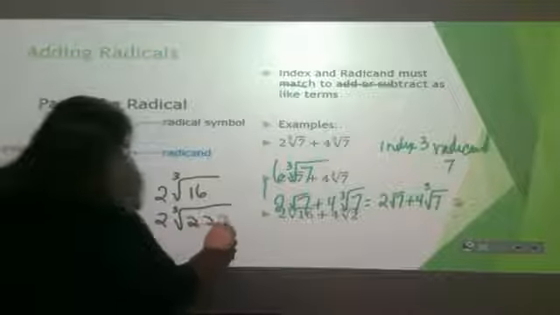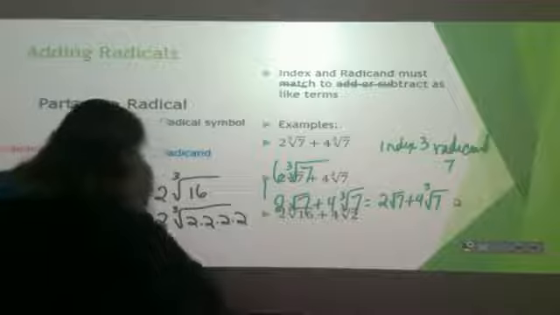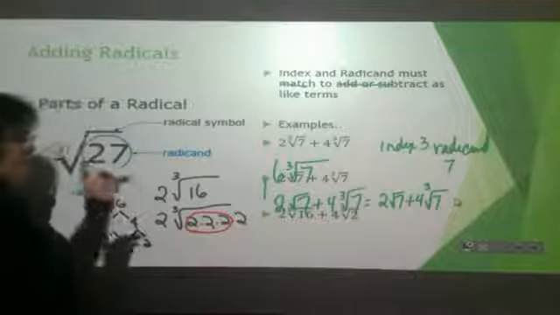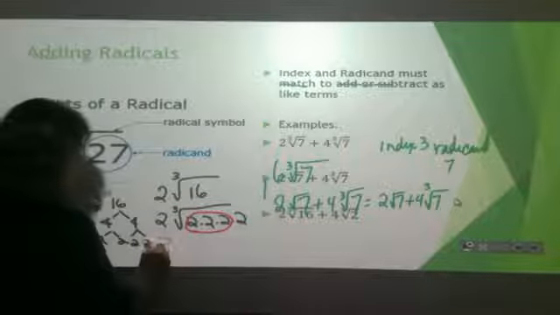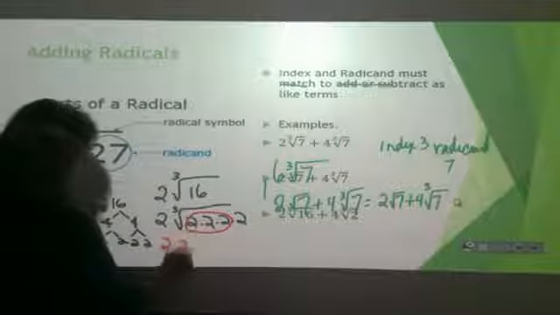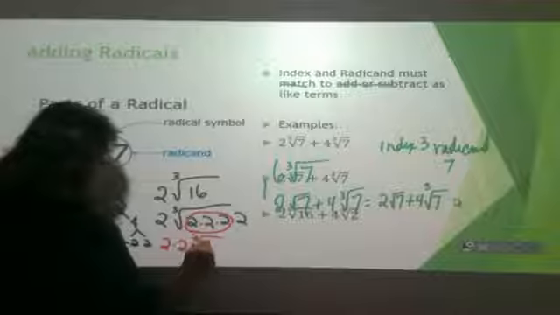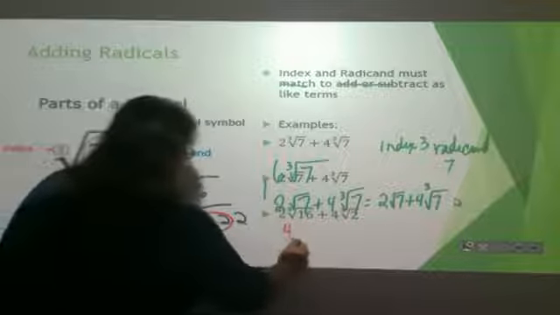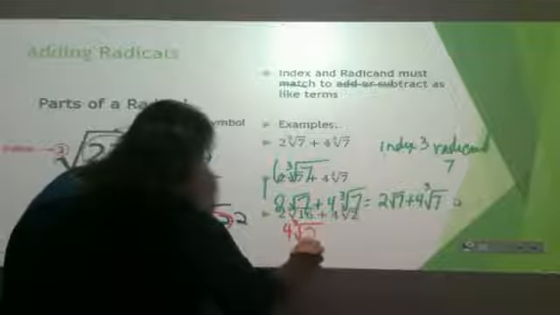1, 2, 3, 4. So it's a cube root. So I'm looking for a group of 3. There's one group of 3. There was already a 2 out in front. So this 2 comes to join it. And it leaves behind a cube root of 2. Actually, this one then simplified to 4 cube roots of 2.